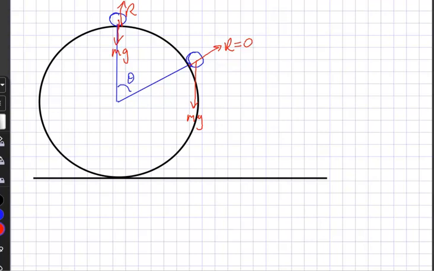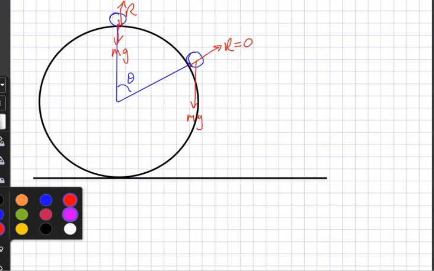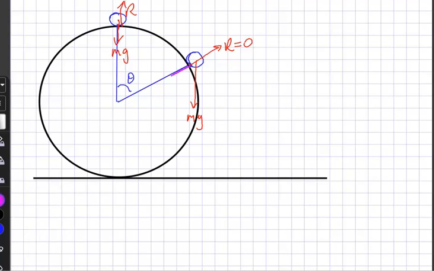mg is acting, and depending upon what the angle theta is, you have your two components. Let's use a different color. So you've got your component of gravity towards the center. That's going to be mg cos theta, and then in the other direction you've got mg sin theta, because that angle in there is going to be theta as well.